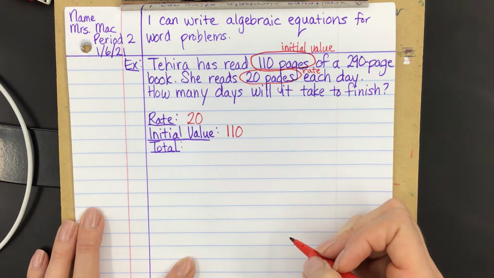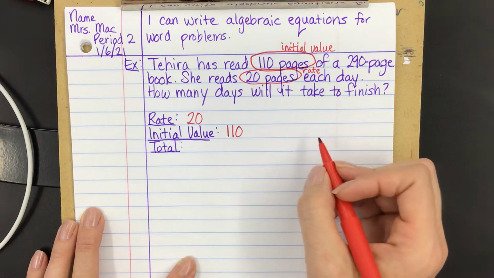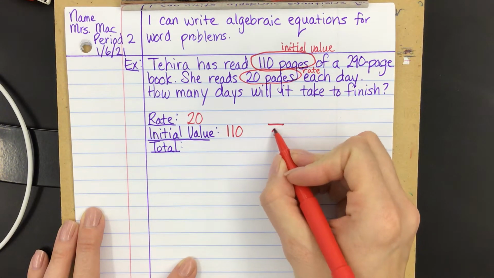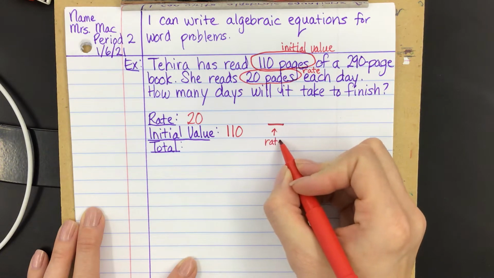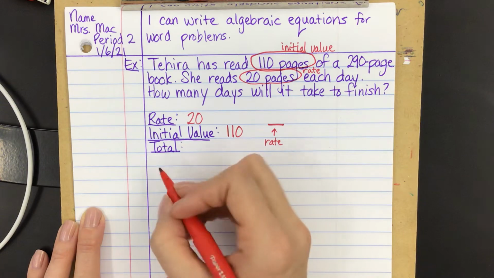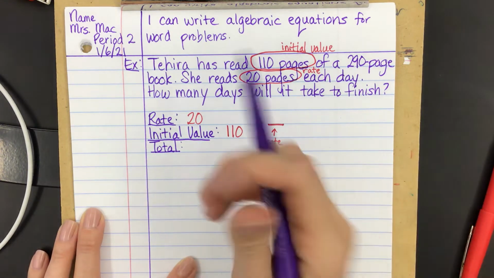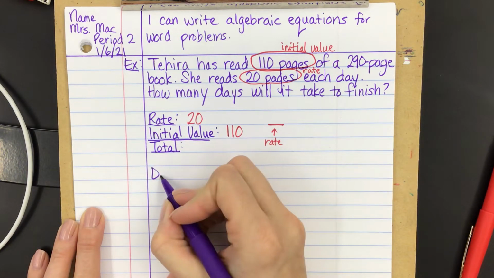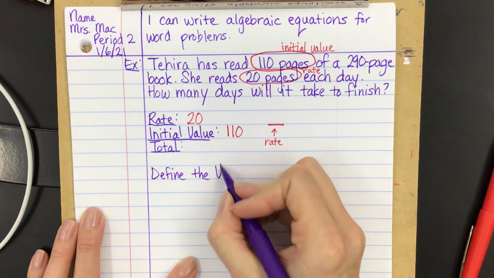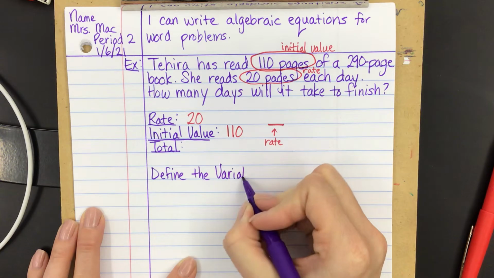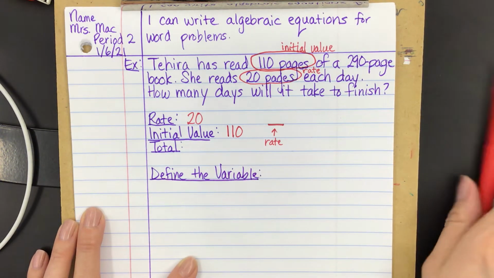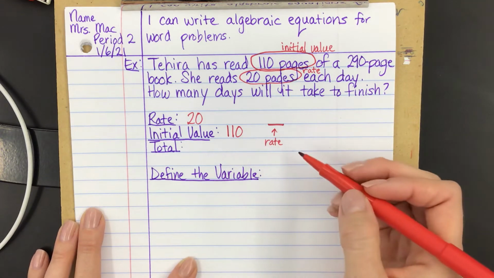Okay, and now if you remember back to when we wrote the equations for this, we had our rate times our variable. In this case, we're going to define the variable. Okay, this is important when you're writing equations from word problems, is we need to know what each variable means.